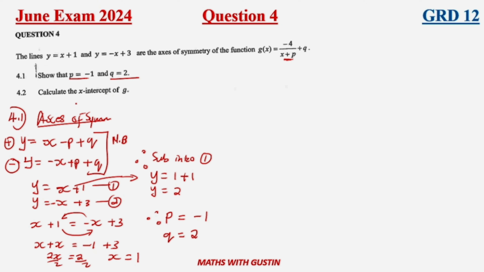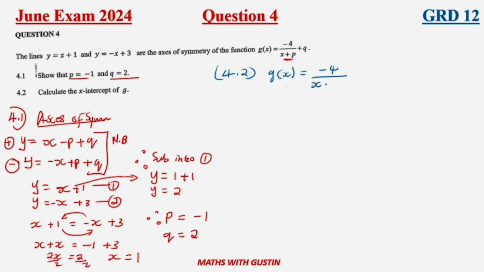Right, now they said calculate the x-intercept of g. So this is now 4.2. So 4.2 says that we need to find the equation. The equation now is going to be as follows: negative 4 over x.